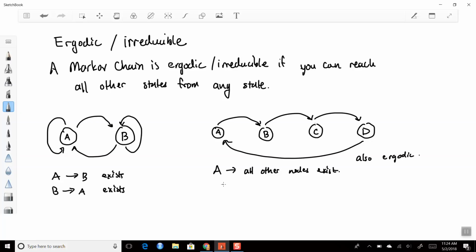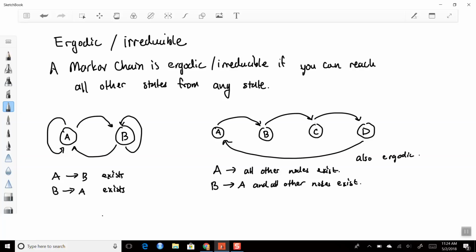And then, from B, you can also reach any other node. Like if you're at B, you can reach A. You have to go through C and D first, but you can also get to A, right? So B to A also, and all other nodes also exist. Okay, so this is fine.